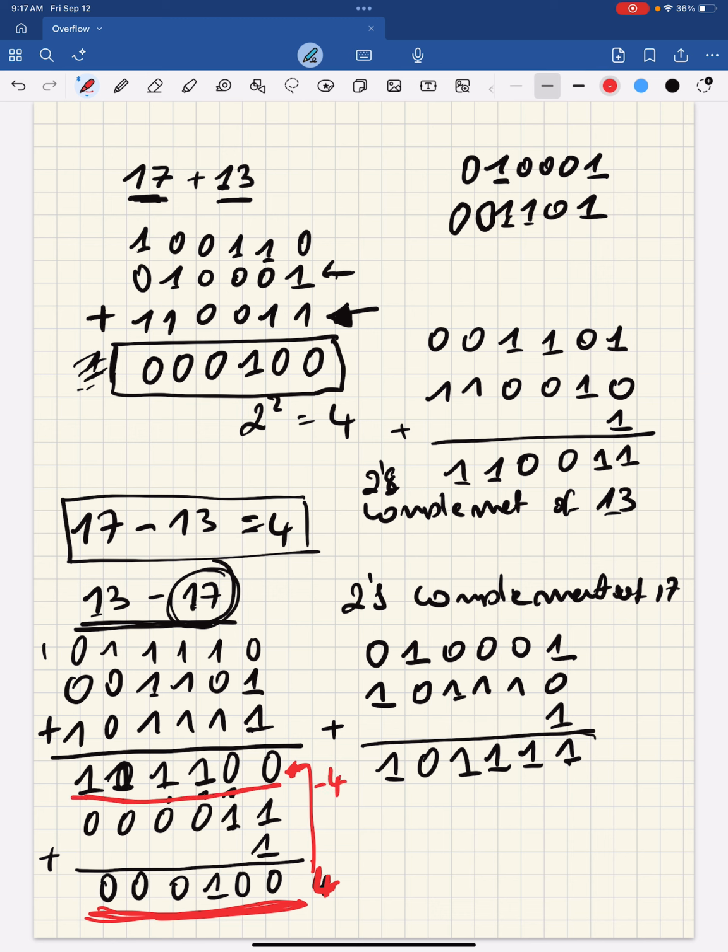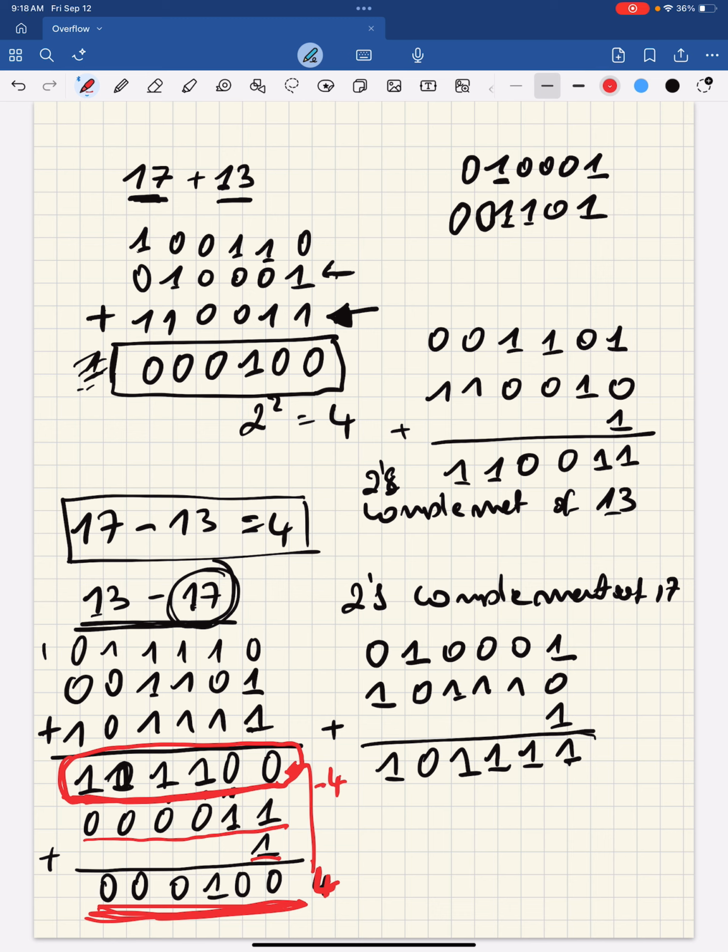Whenever we have a long string like this and we don't know exactly what number it is, the only indication we have is that because the sign is 1, this is a negative number. To find the corresponding positive number, we do the 2's complement by flipping all the digits and adding a 1. We get this positive number, which is the value that has been negated in order to obtain our result.